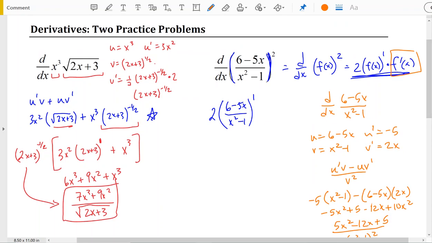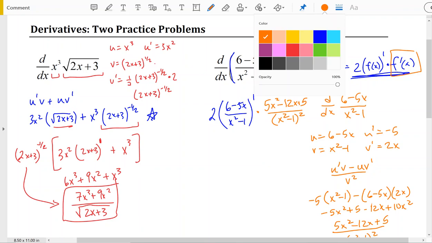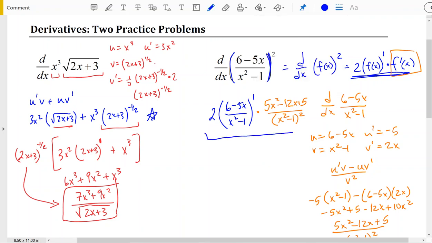All right, so we'll remember why we did all of that, and that's because we need to multiply up here by f prime of x, and I will bring that back in, times (5x squared minus 12x plus 5) over (x squared minus 1) squared. Last thing we have to do is just simplify this, and you'll see kind of why it was useful to leave x squared minus 1 in its squared form instead of FOILing it out.